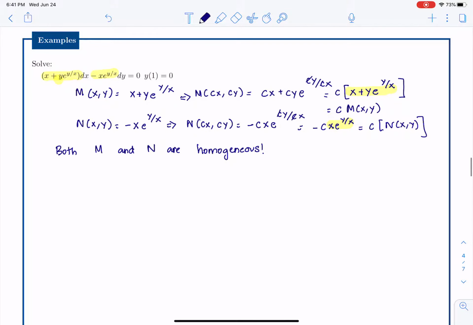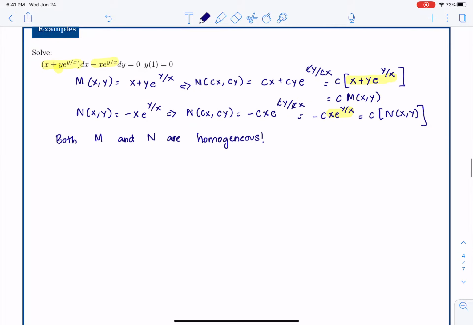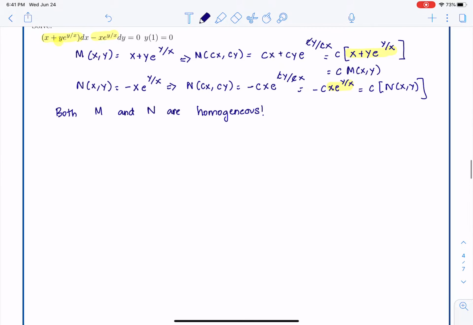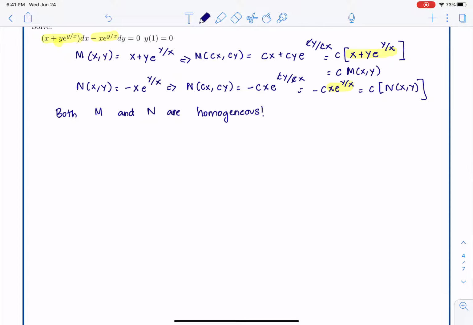Since y over x is popping up, I'm just going to divide the equation by x on both sides. So x plus y e raised y over x dx over x, minus x e raised y over x dy over x, equals 0 over x, which is simply 0.